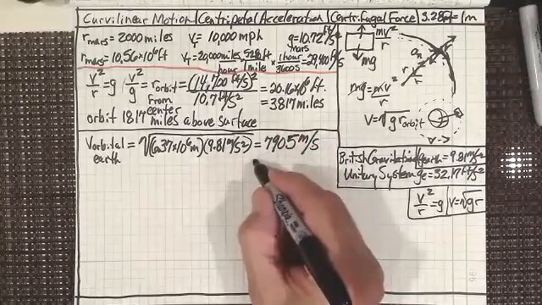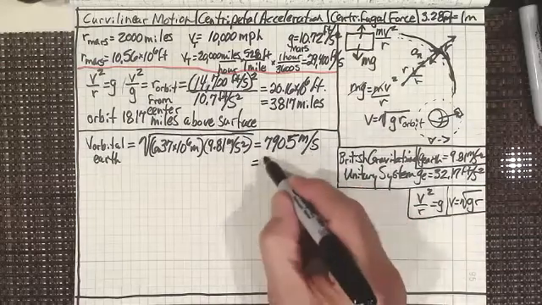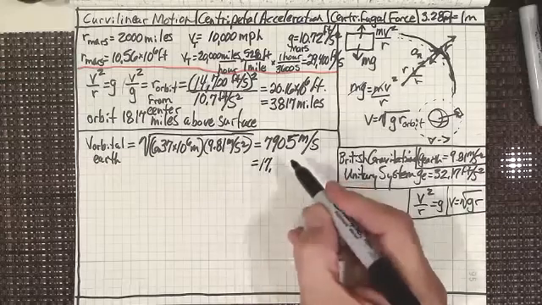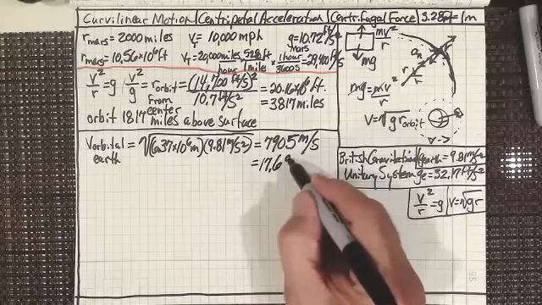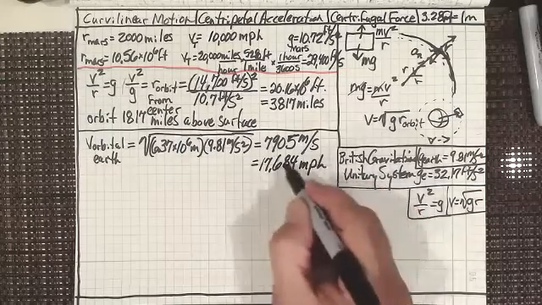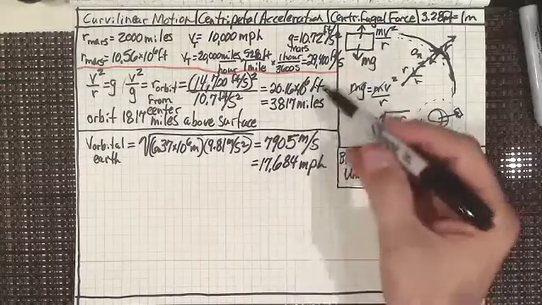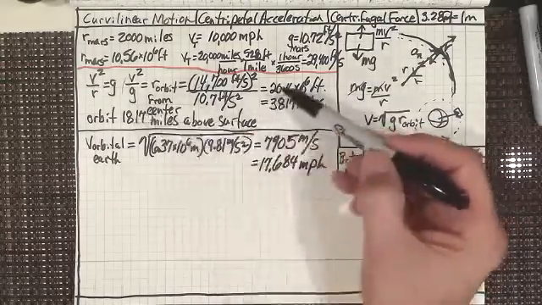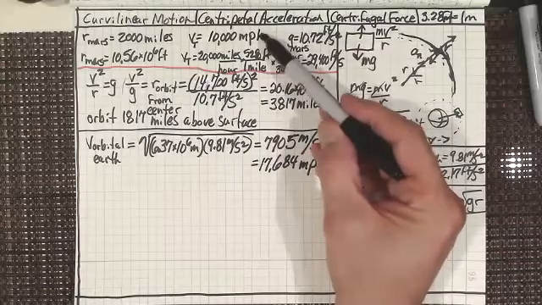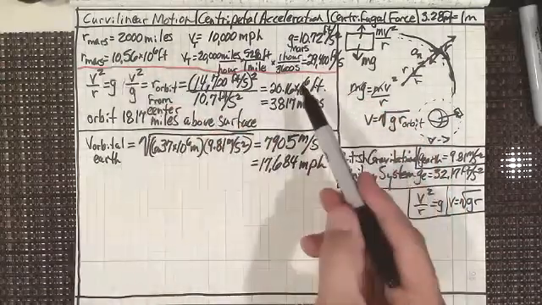And in fact, if you do the conversion, you're going to get 17,684 miles per hour. That is the orbital velocity for Earth. And as you can see, this 10,000 miles per hour is actually beyond the orbital velocity for Mars, isn't it?